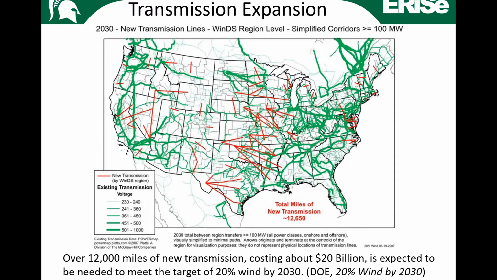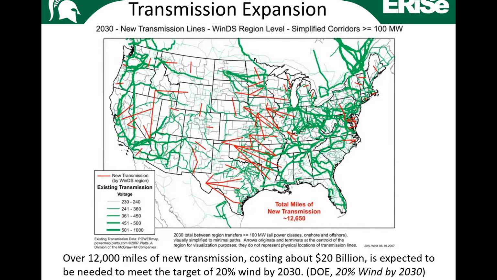So in 2007, the National Renewable Energy Lab ran this study, okay? Again, this is the title of the report, DOE report, 20% wind by 2030, okay? They ran this study and said that we'll need over 12,000 miles of new transmission if we have to accommodate 20% wind by 2030.